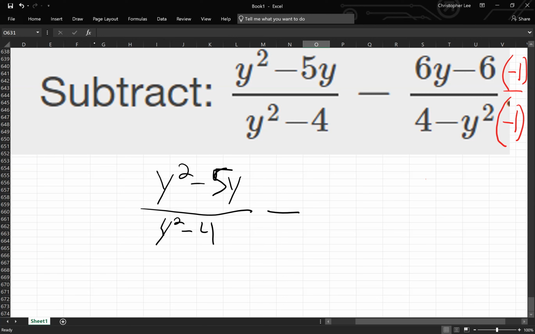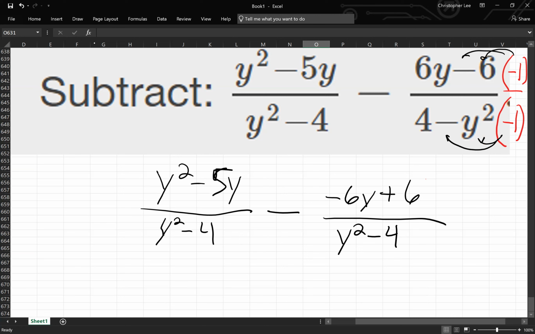Keep that minus, distribute this negative. So what do I have? -6y, and then positive 6 all over y squared minus 4. Boom, because we just distribute that. Not too bad. We have the same denominators now, so now I can subtract.